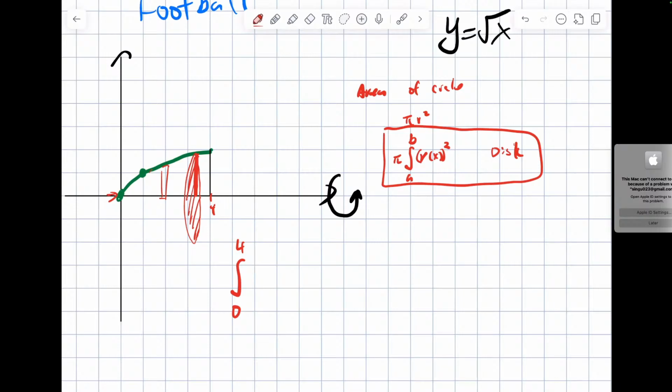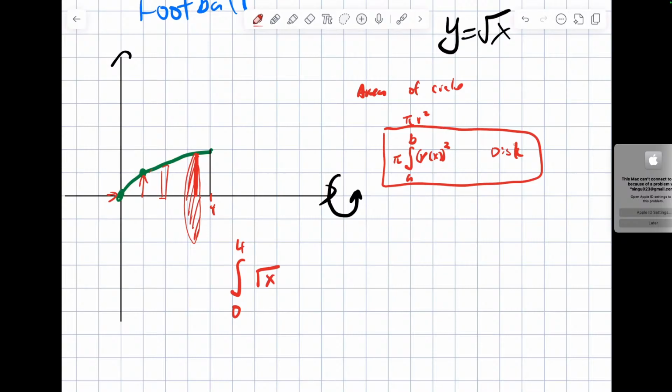What's the radius here? It's going to be 2. Well, it's changing. It's not a constant, right? So what would it be? Square root of x. Cameron, explain why square root of x is my radius. The watermelon is just the graph of the square root of x. Right, but the height here is changing.